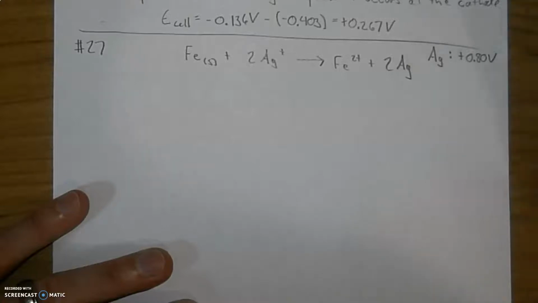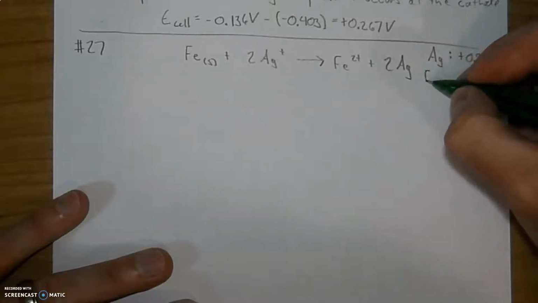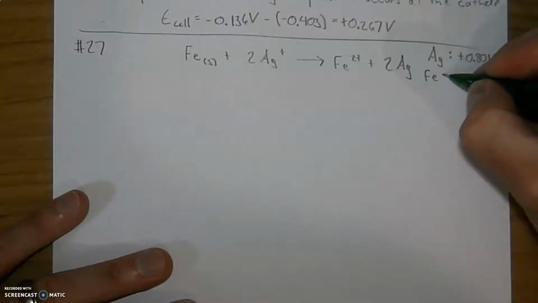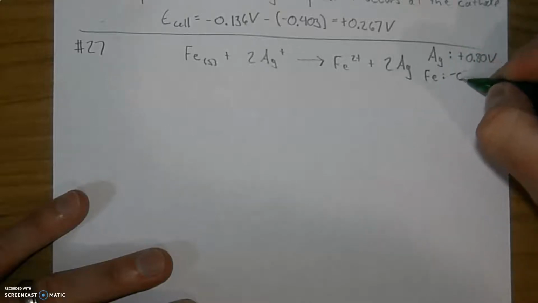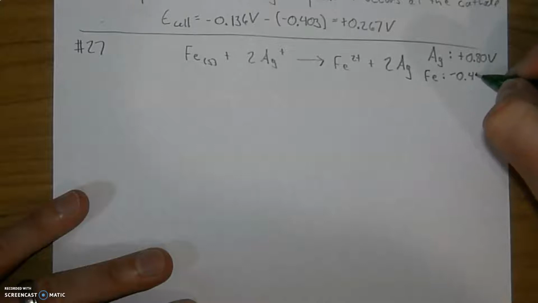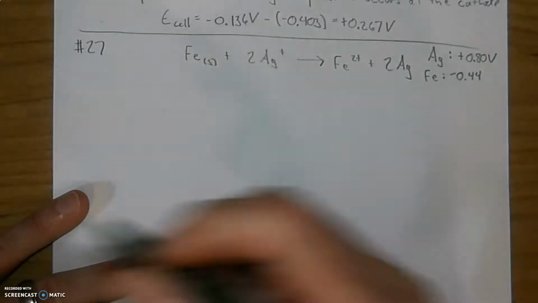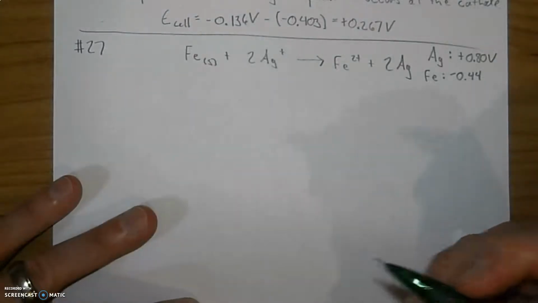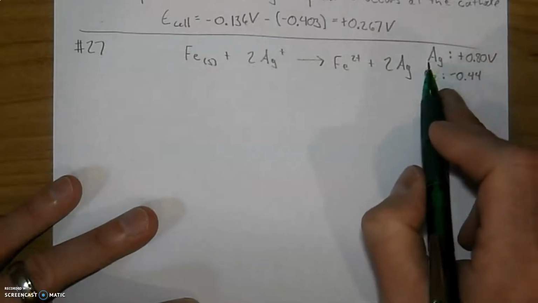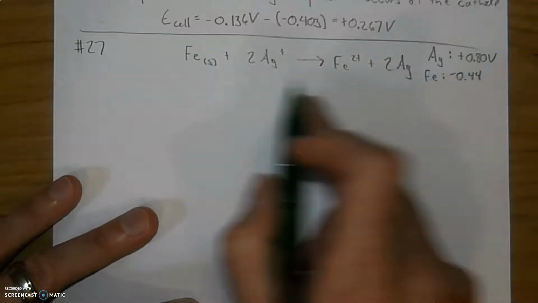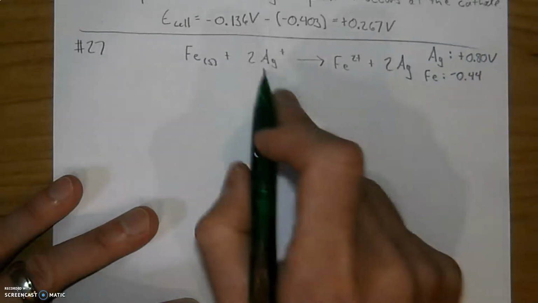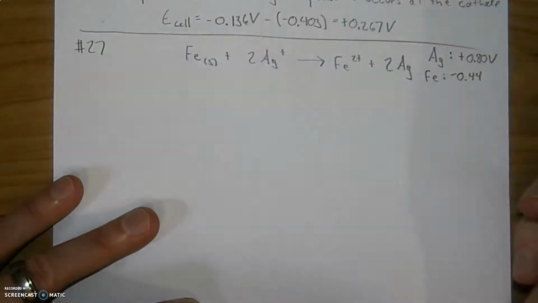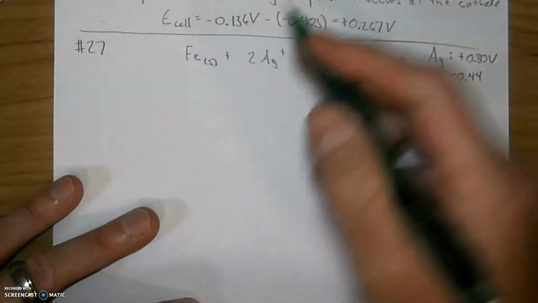That's fairly high. And for iron, it's negative 0.44. Well, based on this fact that silver is more positive, and we can actually see it written out here, silver is gaining electrons and iron is losing electrons.